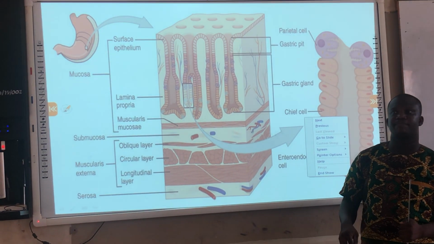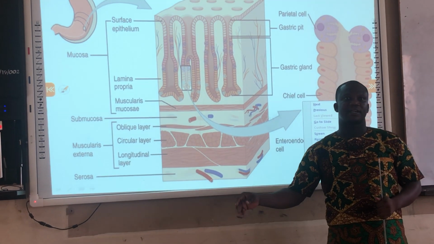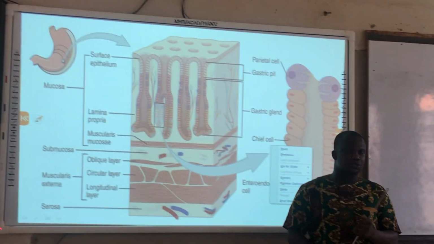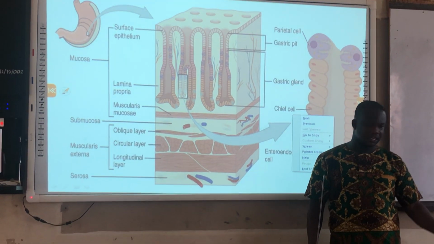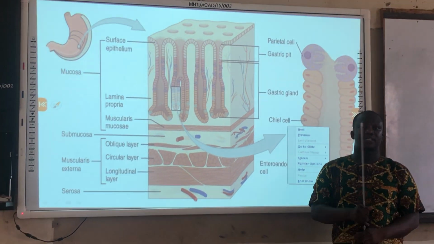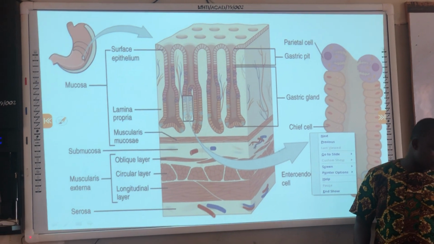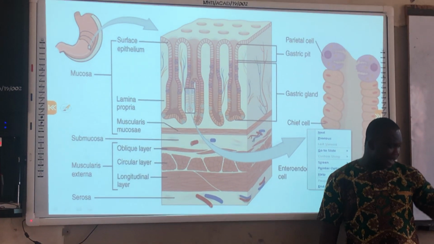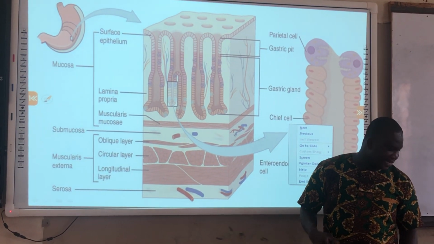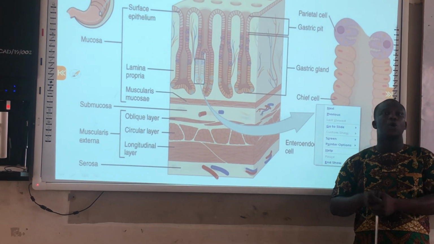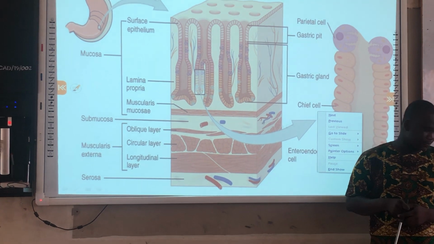At a point in time, the stomach lining can be auto-digested by the hydrochloric acid. So the function of the goblet cells is to secrete the mucus that will protect the stomach lining from auto-digestion.